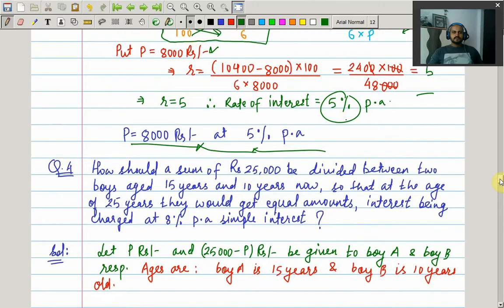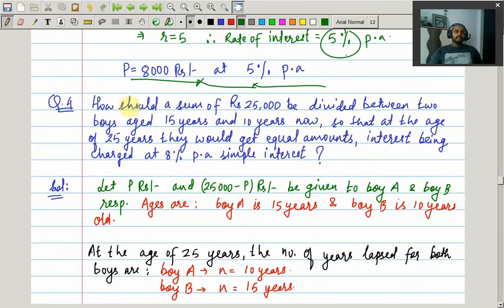Let's take the fourth question. How should a sum of rupees 25,000 be divided between two boys aged 15 years and 10 years now, so that at the age of 25 years they would get equal amounts, interest being charged at 8% per annum, simple interest.